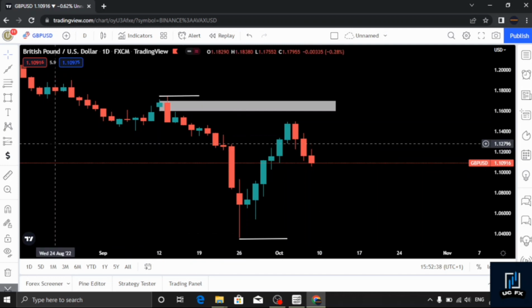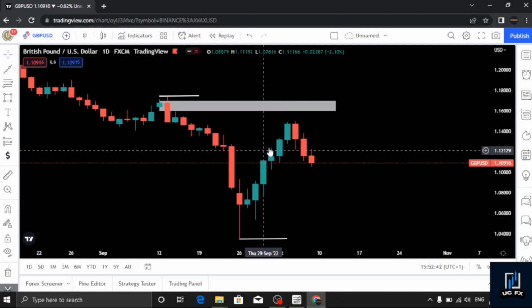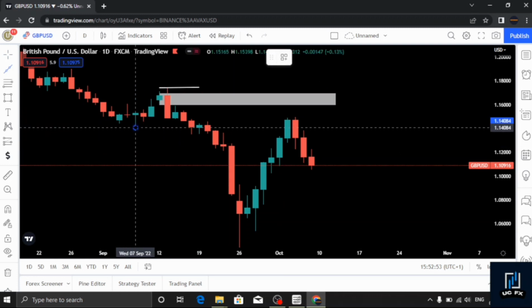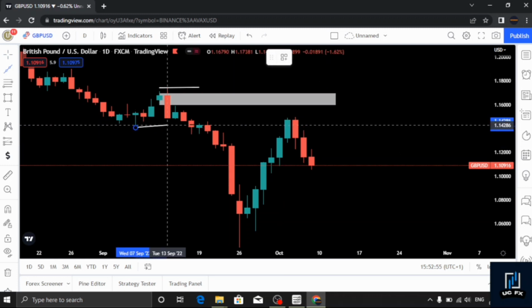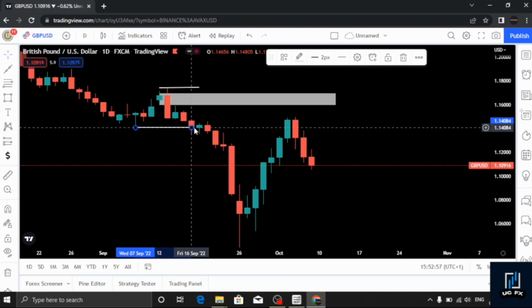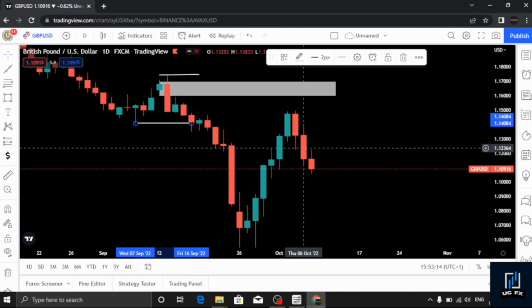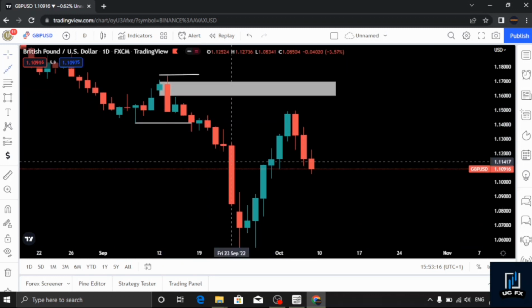What do you actually need to check? You need to check if this order block broke structure. Of course, we had a break of structure here. We had a break of structure, and we still had more breaks of structure to the downside, this place and this place.